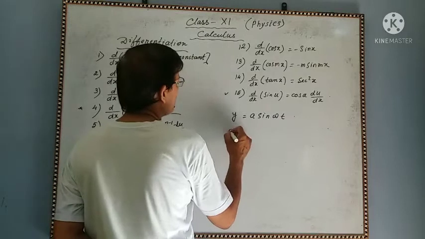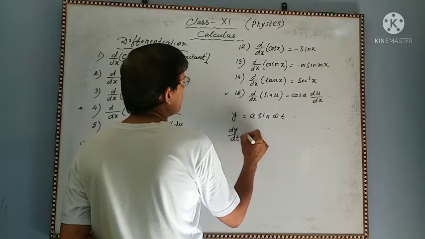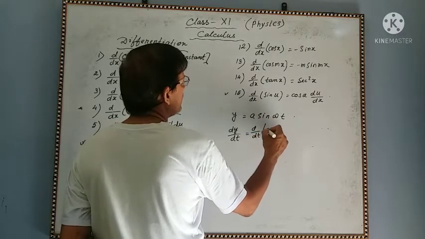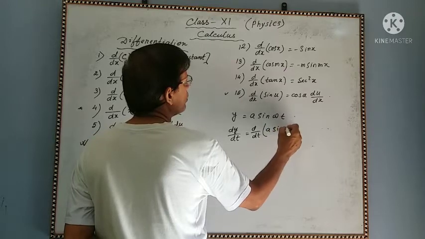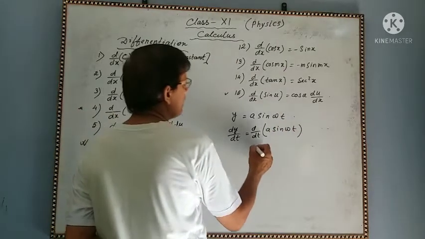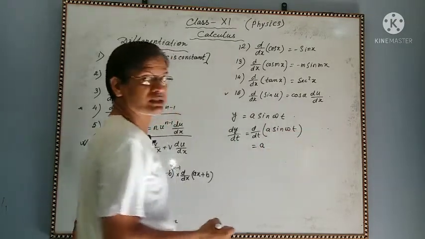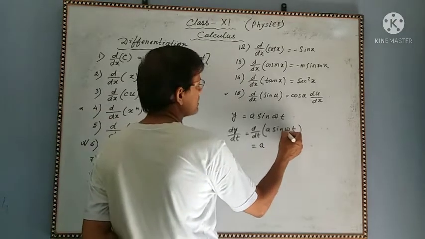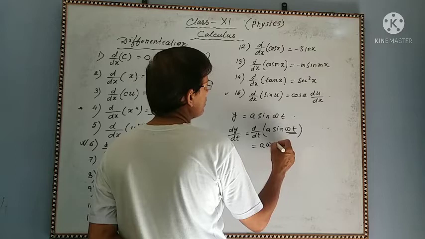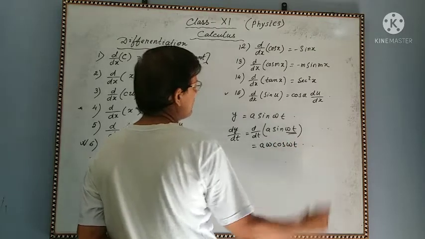So this side will be dy by dt and this side will be d by dt of a sin omega t, and a is constant, so it is coming out, sin of omega t, so this is omega cos of omega t.